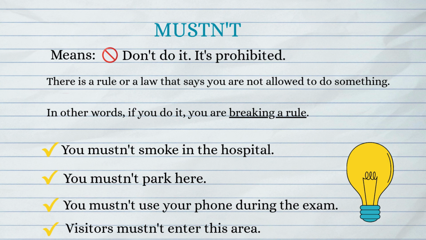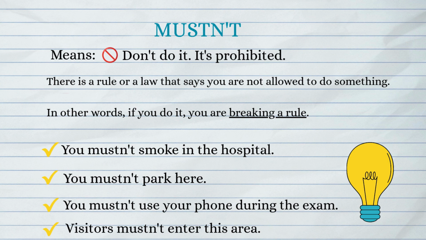For example, you mustn't smoke in the hospital. It's against the rule, and if you do so, you are breaking a rule. Or, you mustn't park here. There's a sign here that parking is prohibited, so do not park here.